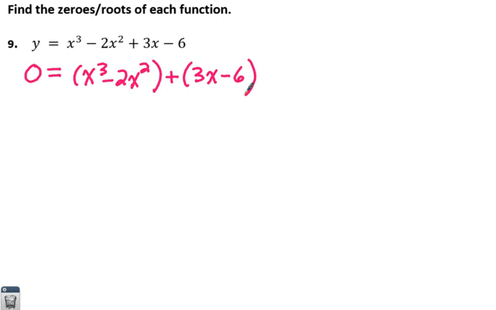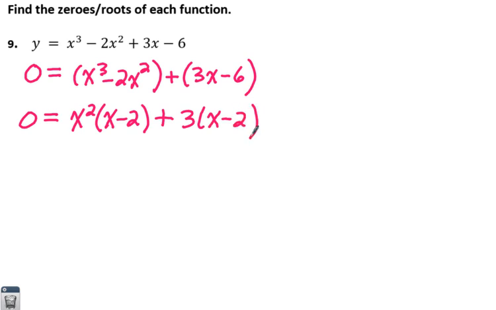After we do the grouping, now I'm going to do a double GCF, a GCF of each bubble. The GCF here is x squared, I do believe, and so I factor that out. Then what's the GCF from the second grouping? 3. You factor that out like you should know how to do.